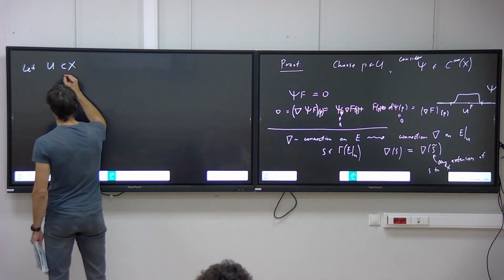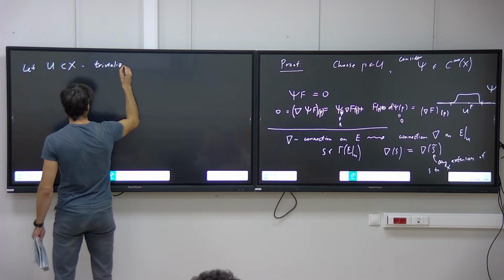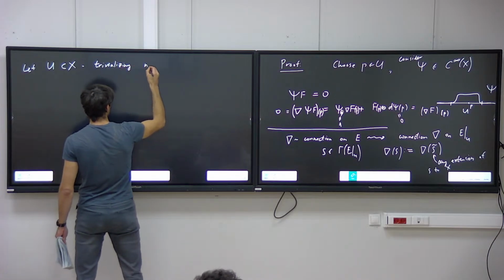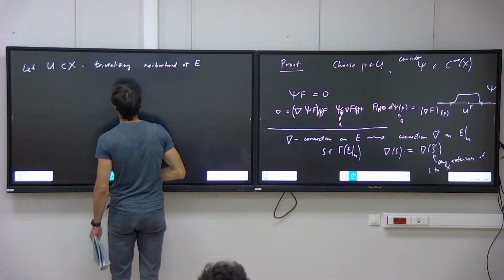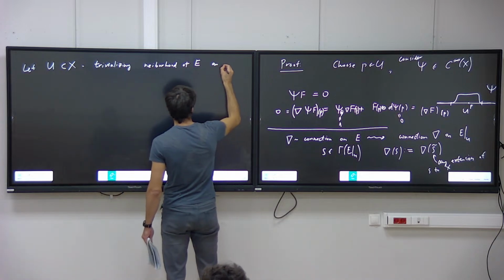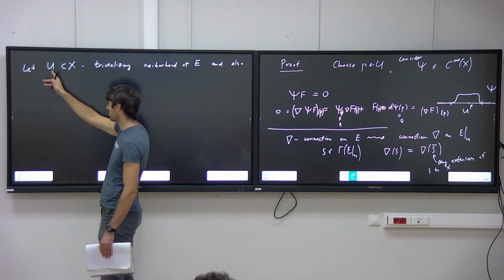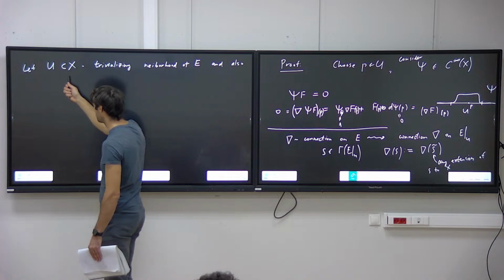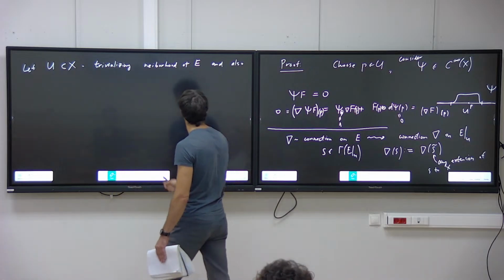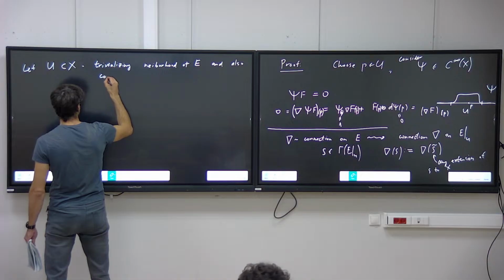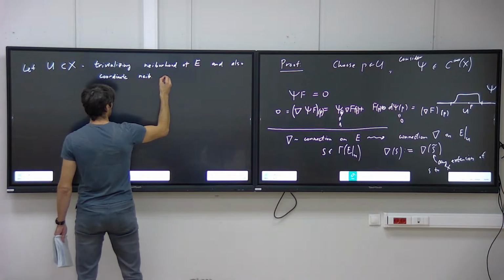So suppose that first of all it's a trivializing neighborhood of E, and also a coordinate neighborhood of X, so U gives me coordinates for x in U.